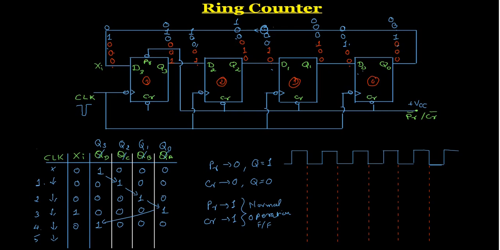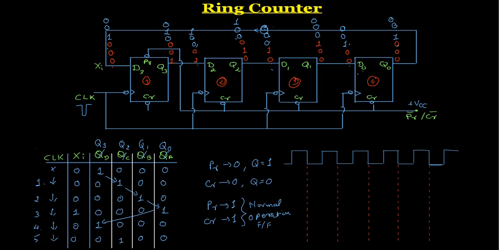At the end of the fifth clock pulse, this 0 is going to appear again at this input. So this will be a 0, this is also a 0, this will become a 1, and here it is 0 and 0.